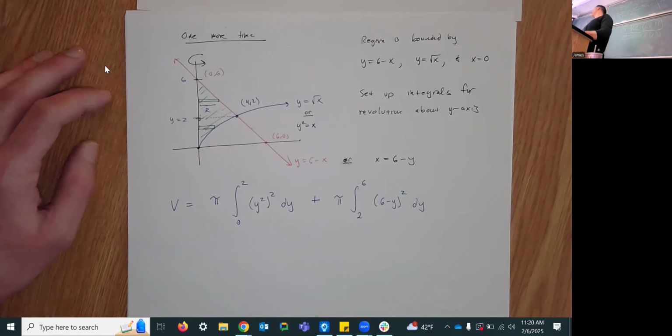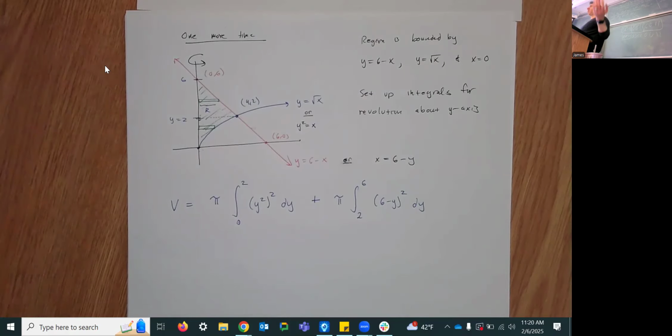I think we pretty much said all we need to say about volume. Not that we couldn't say more, right? I could talk about volume for another half hour if I really wanted to.